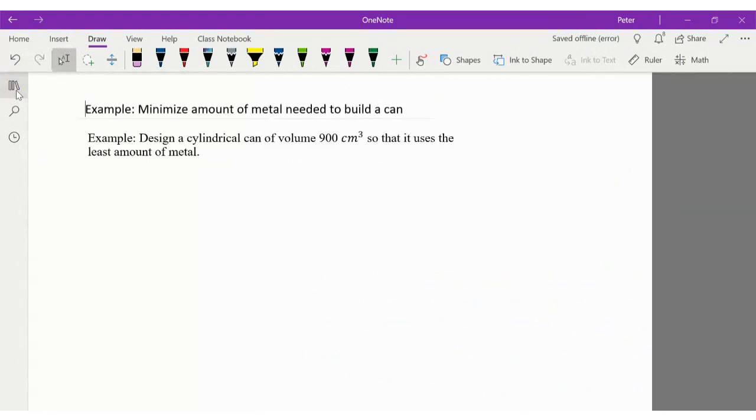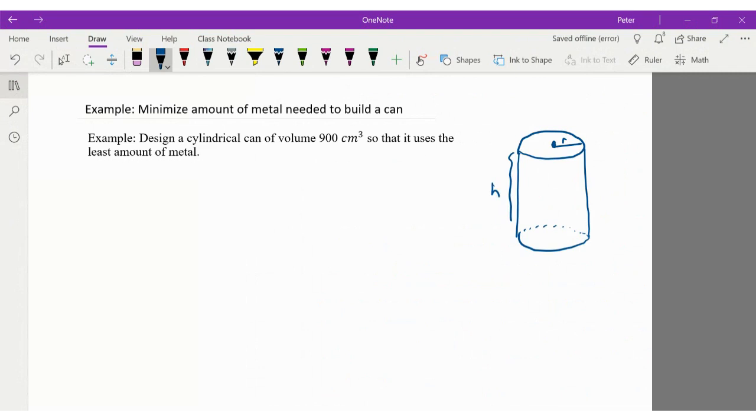Okay, let's minimize the amount of metal needed to build a cylindrical can of volume 900 cubic centimeters, so that we want to make it so it uses the least amount of metal. Let's just draw here what a can looks like. I know, as most of you know, it's got a radius and it has a height.